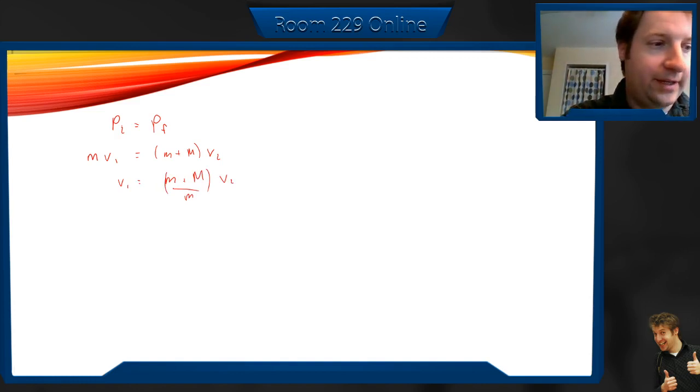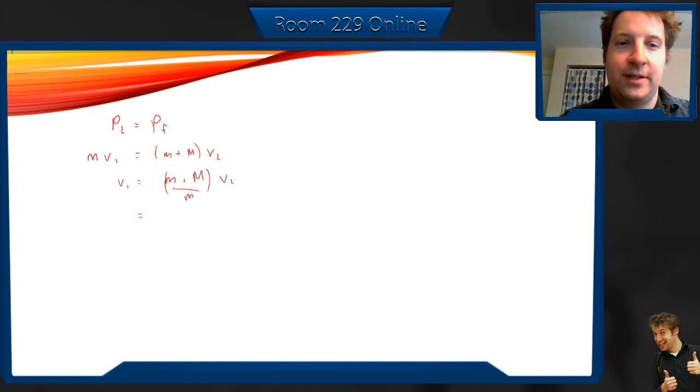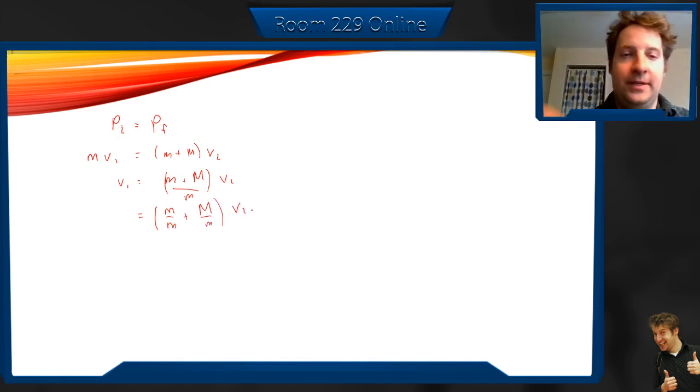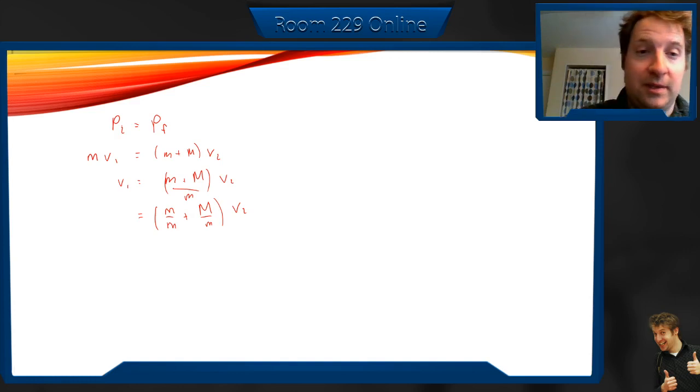And then if I break this up into a sum of fractions with the lowest common denominator, this can also be expressed as little m over little m plus big M over little m, times v2. And little m over little m is 1.